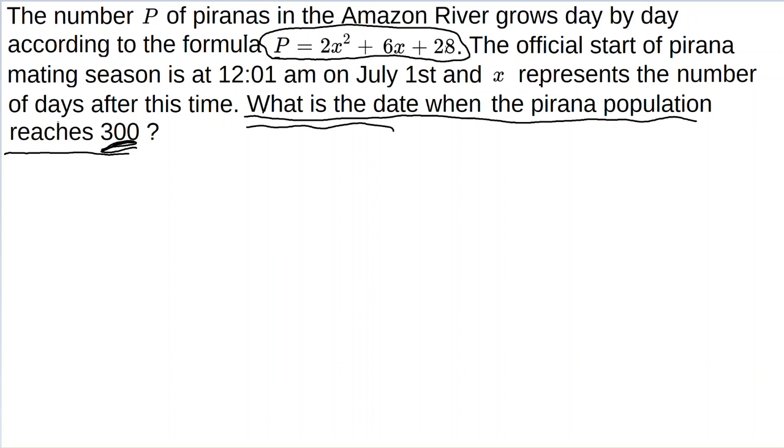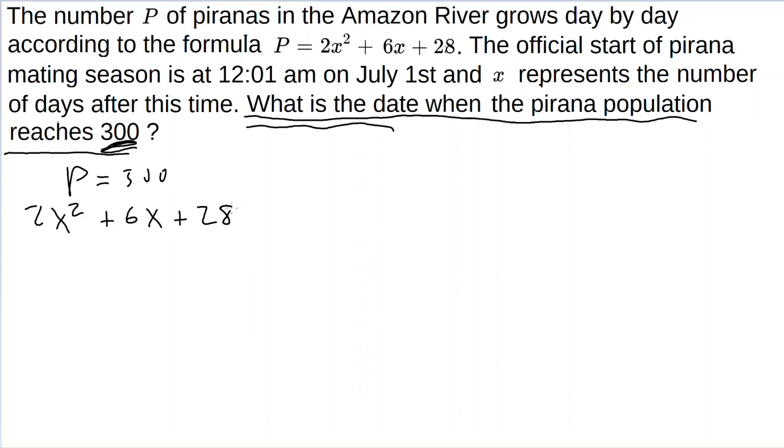If we plug in P equals 300 into our model, we get 2x squared plus 6x plus 28 equals 300.